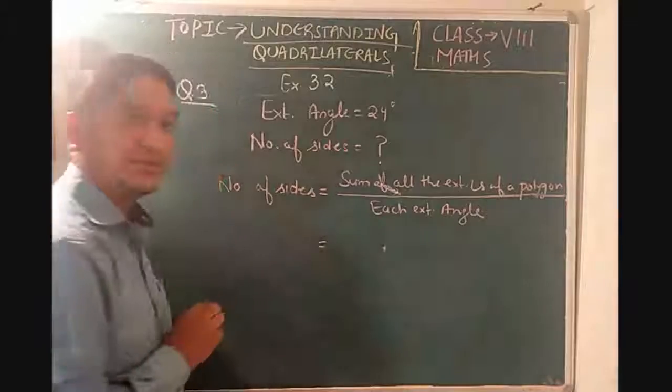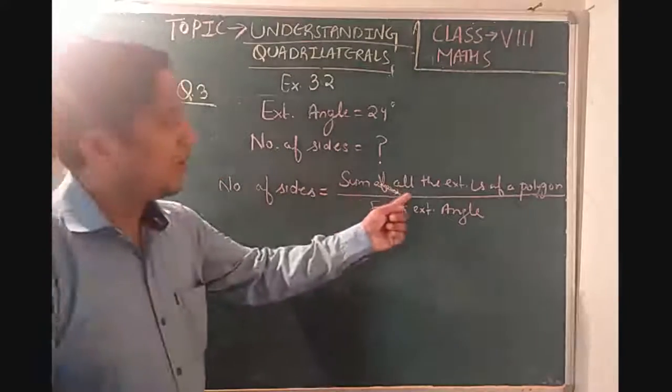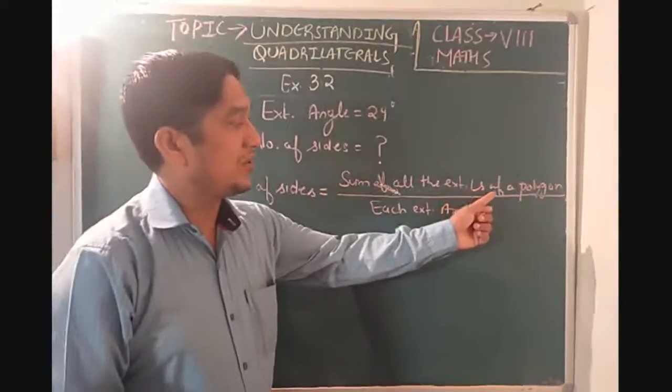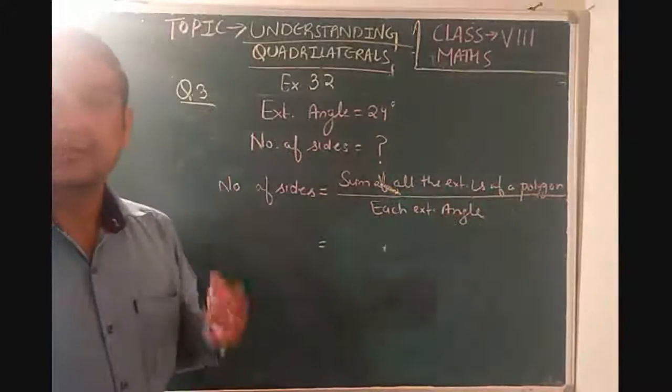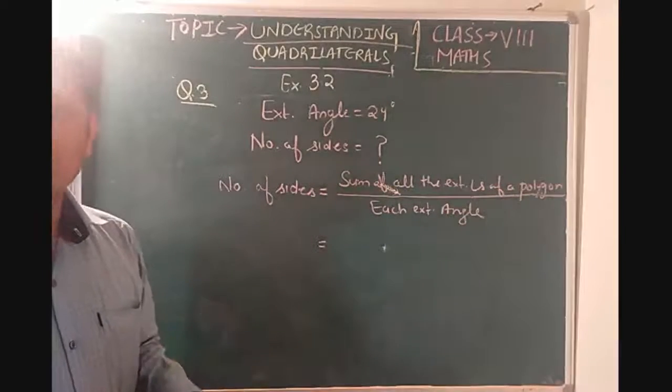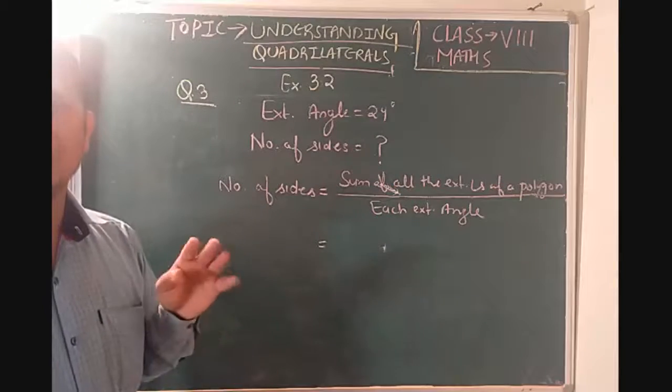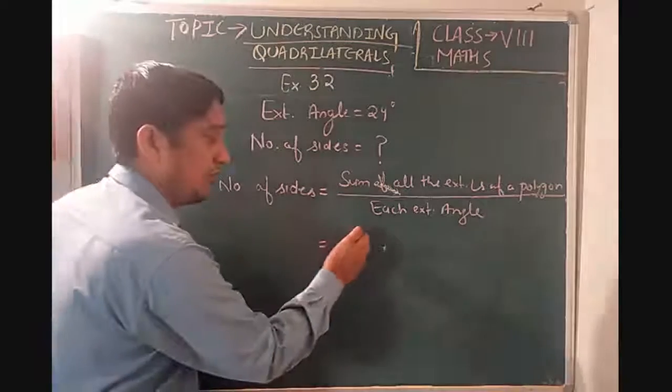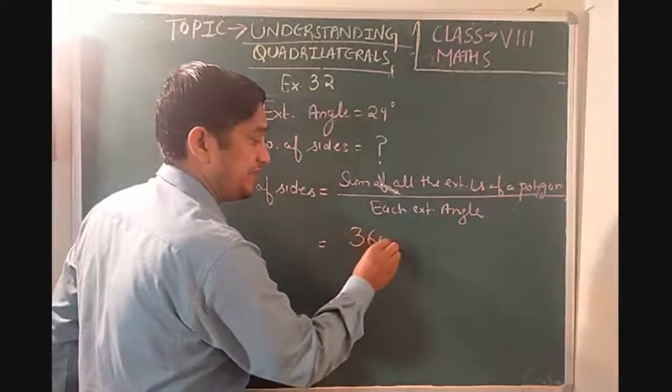Now children, we know that the sum of all the exterior angles of any polygon, whether it is a triangle, quadrilateral, pentagon, hexagon, octagon, the sum is always 360 degrees.